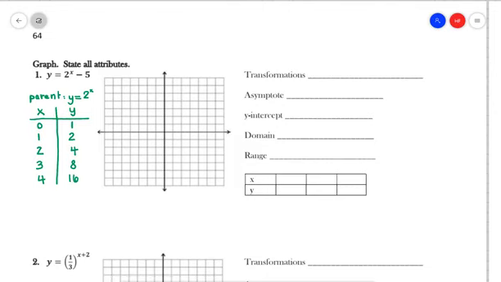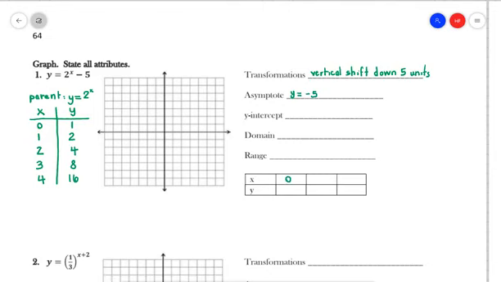But we're taking that parent function, and we've got that minus 5 on the end, which we know will be a vertical shift down 5 units. So we're taking that parent function and shifting it down 5 units. The asymptote we get from y equals that last number, which is negative 5. The y-intercept we're going to get where x is 0, so we'll find that in our table here.